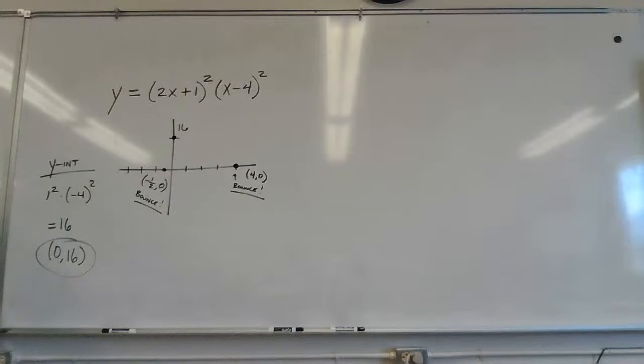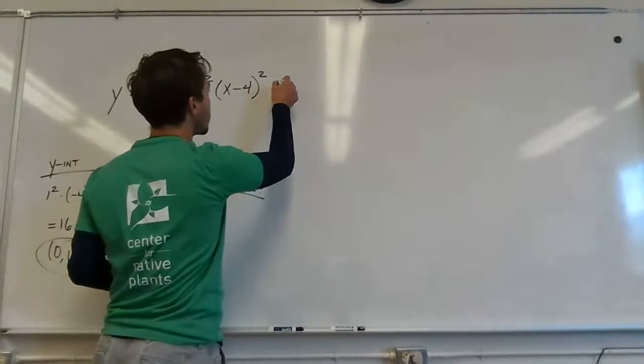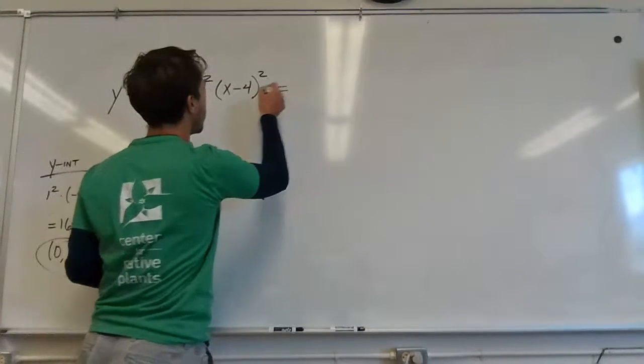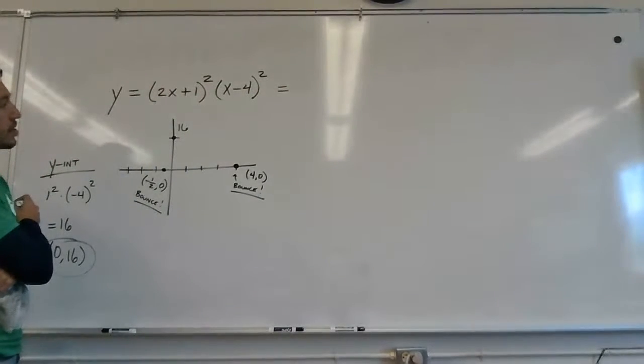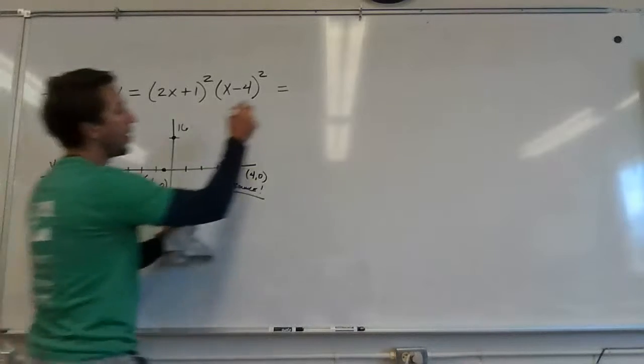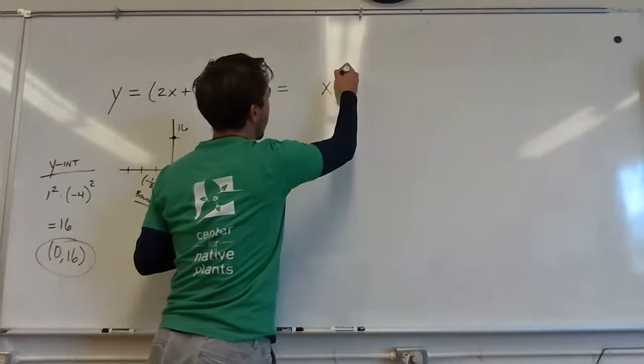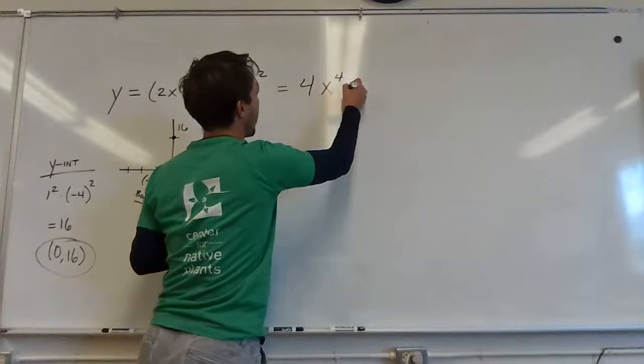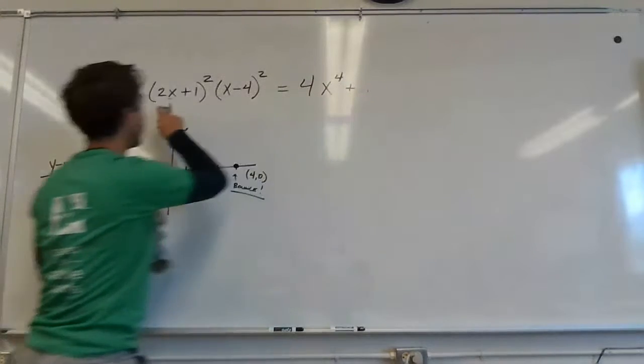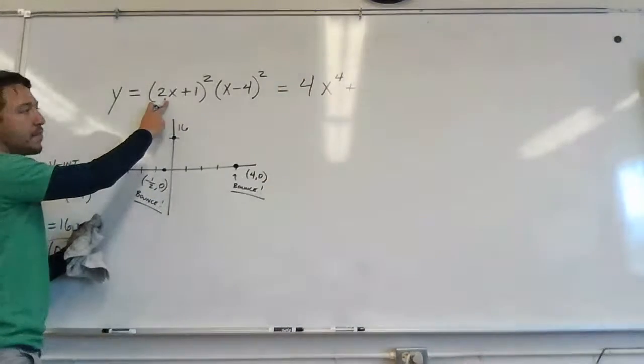Let's get end behavior. So if I were to expand this, what would be the lead term? Technically, it would be 4x to the 4th, because you'd be squaring 2x to get 4x squared.